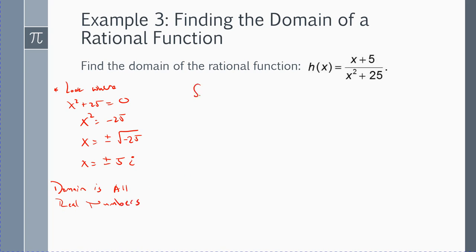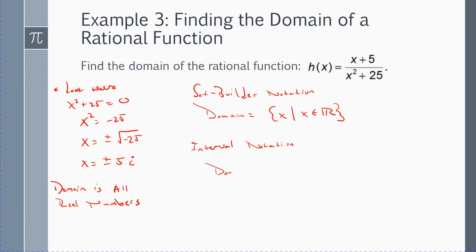So in set builder notation, you would show it like this. The domain is x such that x exists in all real numbers, or in interval notation, it'd just be all real numbers, so any number from negative infinity to infinity here.